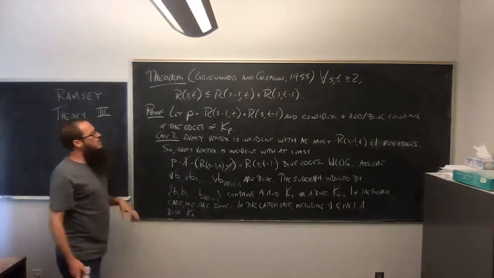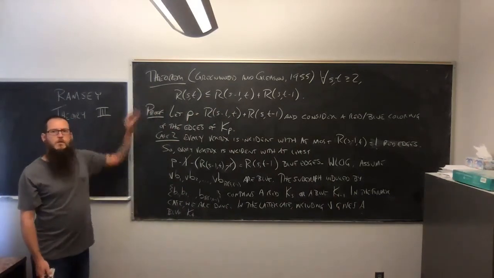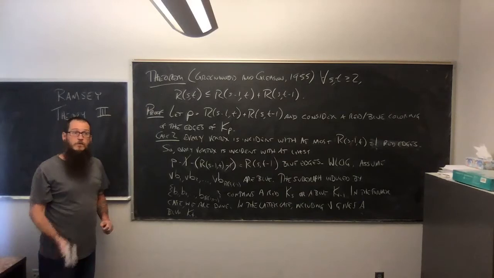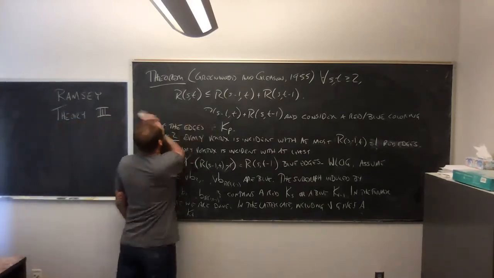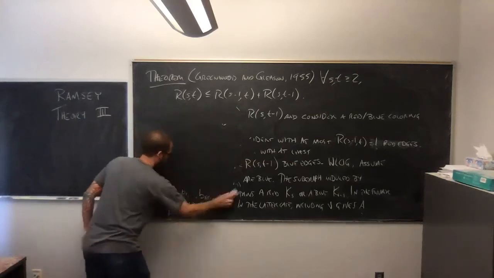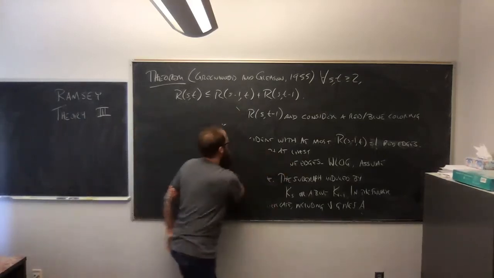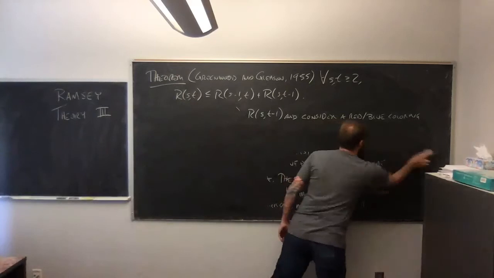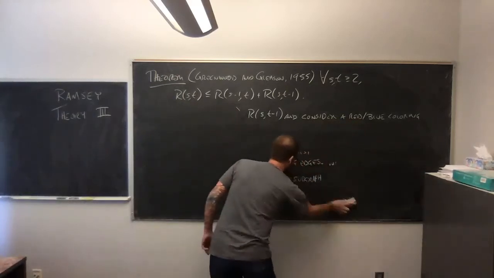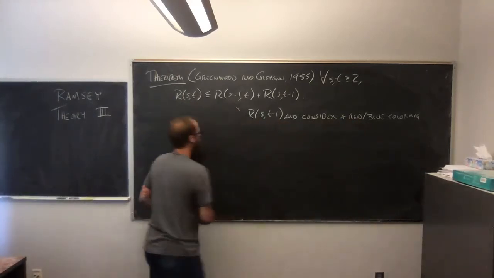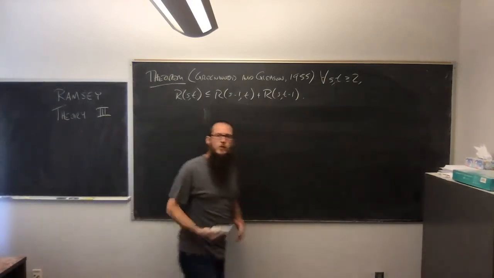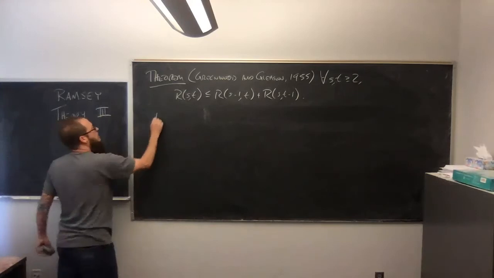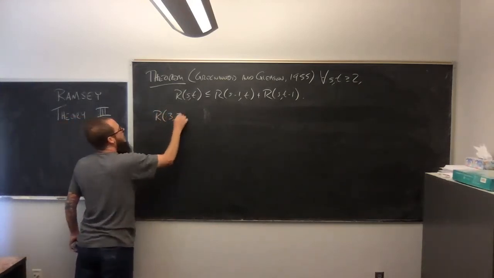So let's take a moment to focus on this result and which upper bounds we've already looked at that can actually follow from this. In particular, the very first non-trivial Ramsey number that we looked at was R of 3, 3.